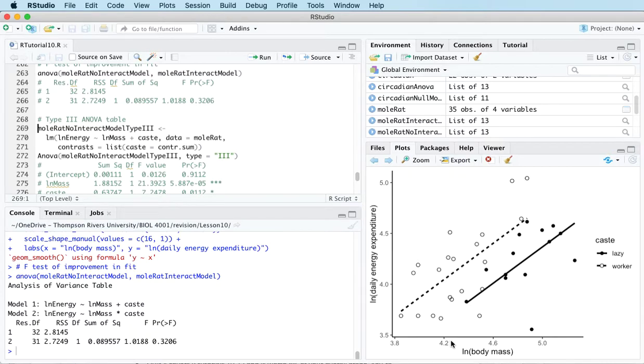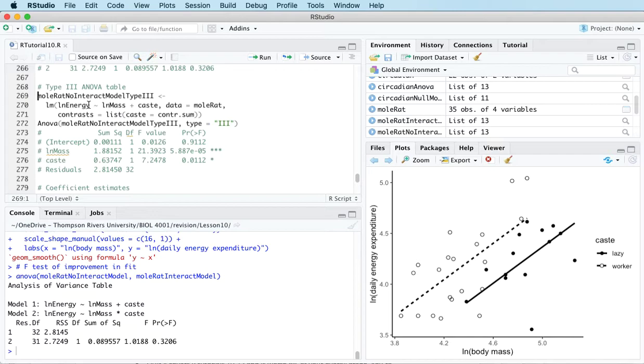So we want to test whether there's an effect from log body mass on log daily energy expenditure, and we want to test whether there's a difference in the two casts of mole rat, the lazy ones and the worker ones.